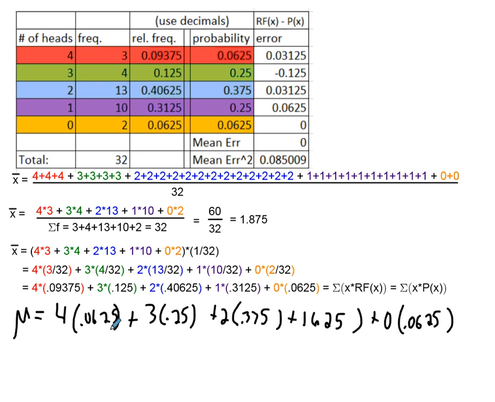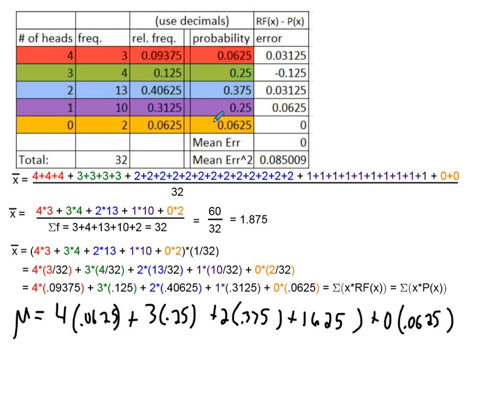Now before we calculate this, it's helpful to remember how a mean works. Remember, a mean is one of the measures of center. It's the balancing point. Each of these values is a certain distance from the middle, and we have different numbers of them. They're weighted differently. They're weighted according to their probability. But if we think of this distribution, especially if we showed the histogram, 0 has this probability, 4 has the same probability.